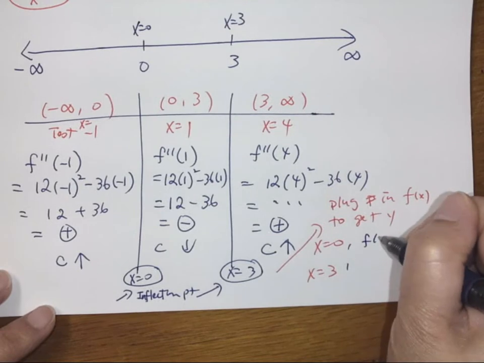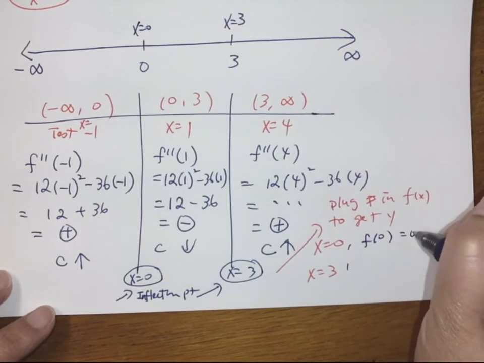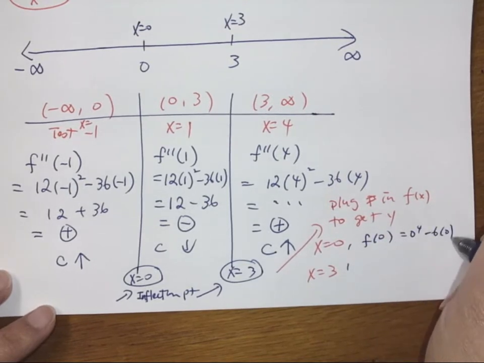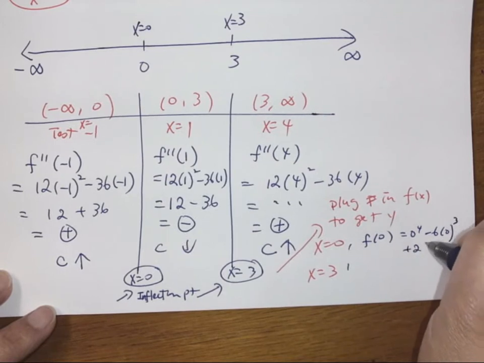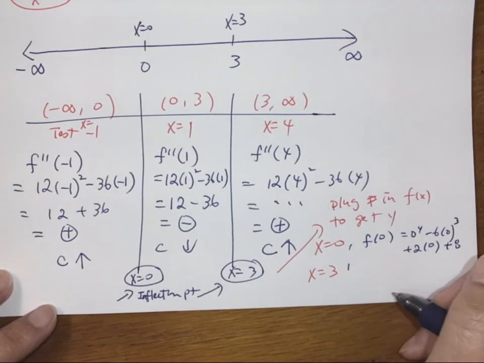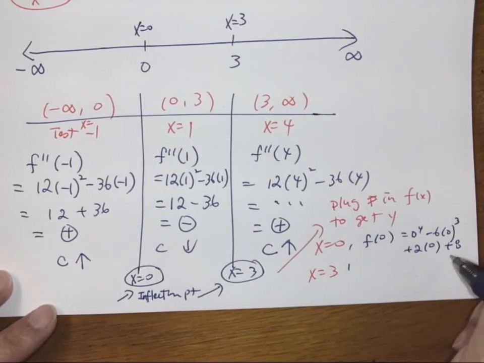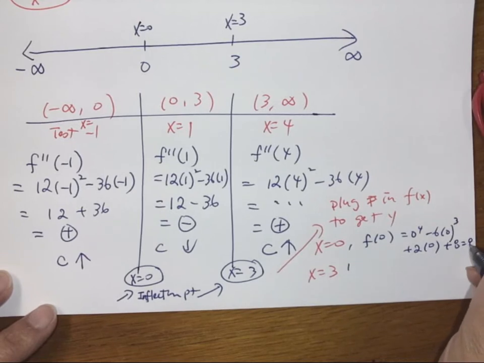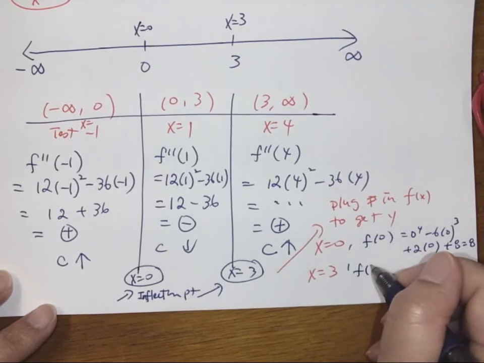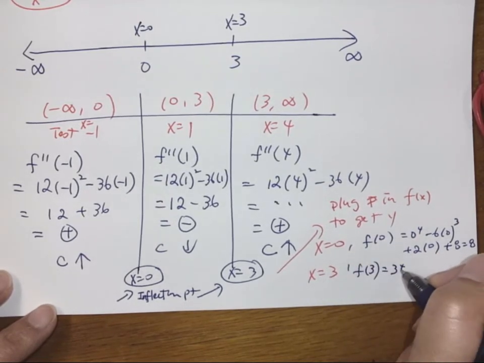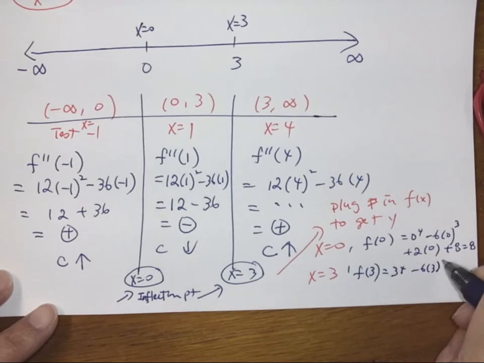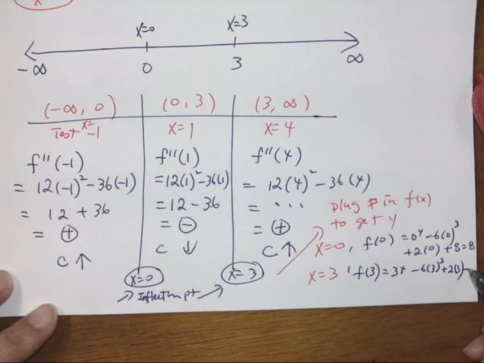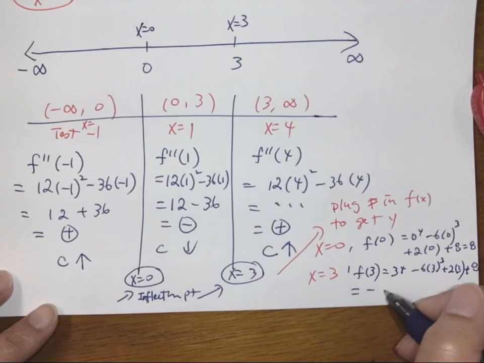We need to find f of 0, which is 0 to the 4 minus 6 times 0 to the third plus 2 times 0 plus 8. So all you get is 8. The other point is f of 3: 3 to the 4 minus 6 times 3 to the third plus 2 times 3 plus 8. Hopefully you get negative 67.